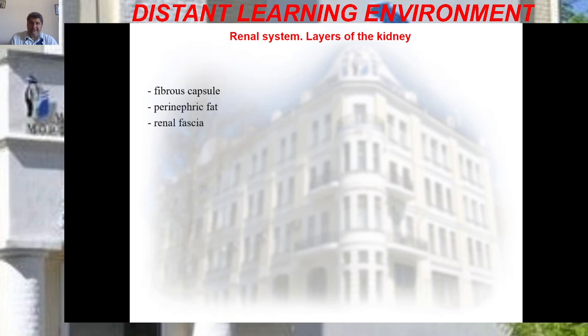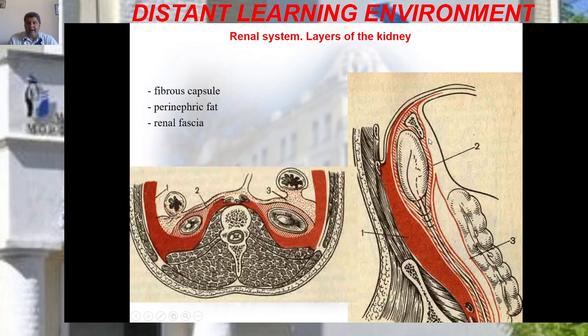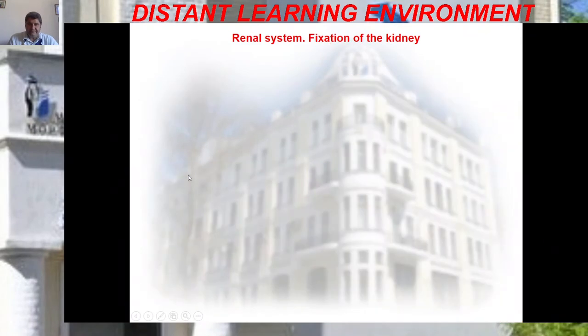And so you may see this fixation apparatus here, and we can repeat: fibrous capsule, peripheric fat or paranephros, renal fascia, and also abdominal pressure.